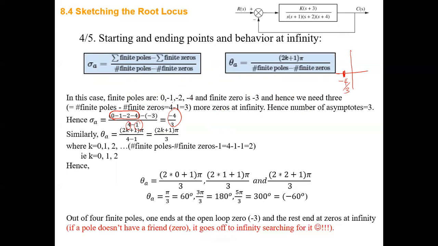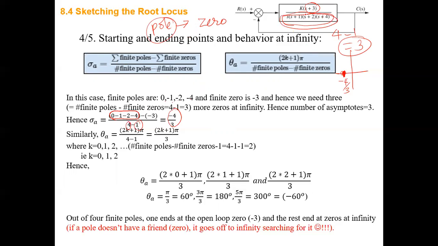They go to infinity from this point. How many asymptotes do you think you should have? How many poles do you have? 4. How many zeros do you have so far? 1. 4 minus 1 means you need 3 asymptotes, because the locus always starts at poles and ends at zeros.